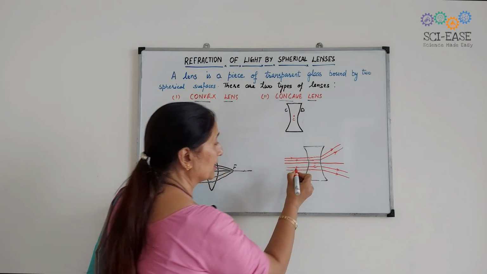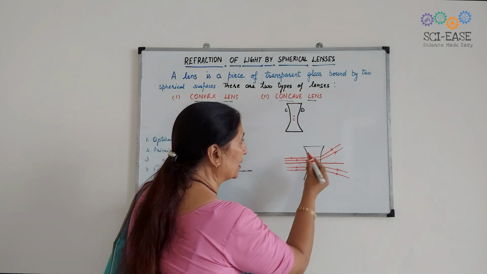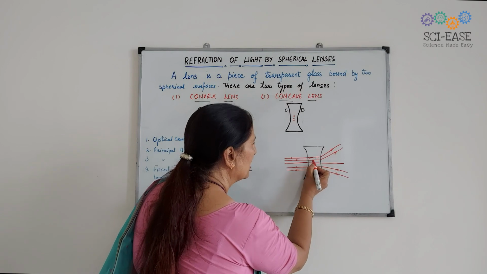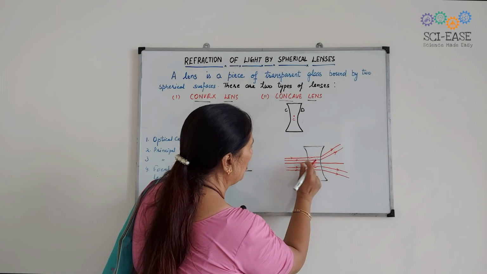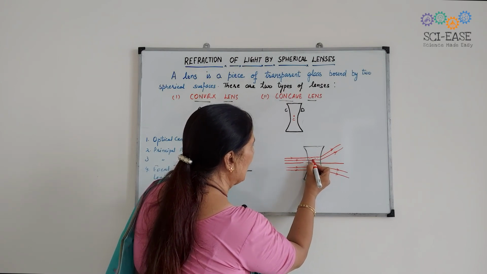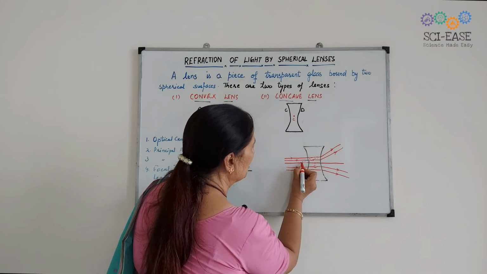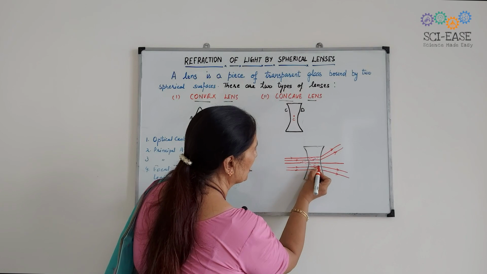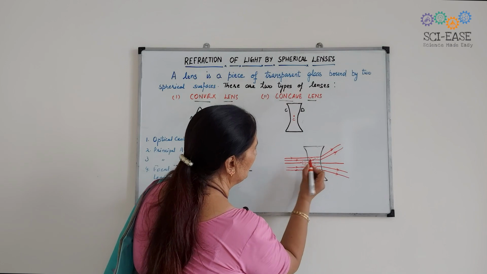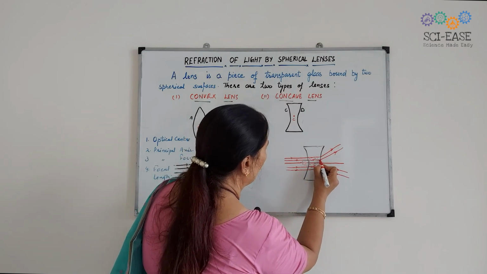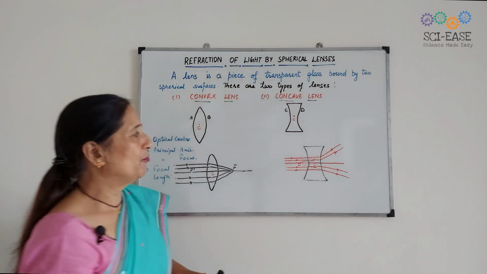But when we produce this with a dotted line, you will see that they meet at one point on the principal axis, which is the focus. This is F. This is the focus.